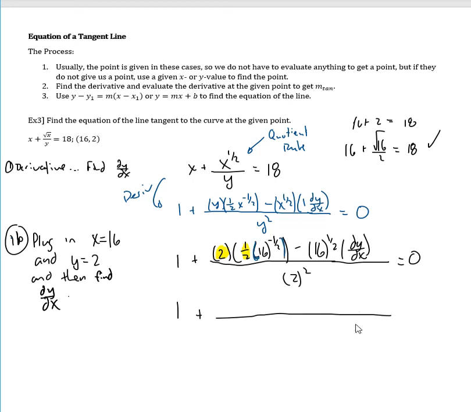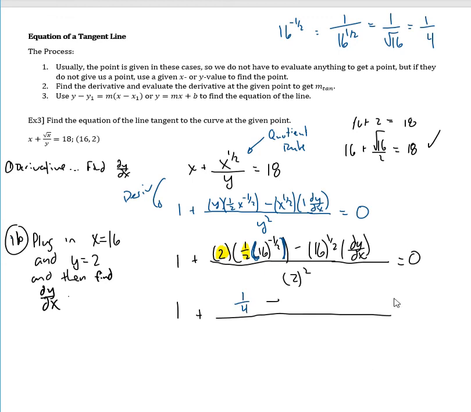Let's put that scratch work up here. 16 to the negative 1/2 would be 1 over 16 to the positive 1/2, and the half power is the same thing as the square root. So this is just 1/4. That whole thing in blue is just 1/4. And then I have the minus symbol.